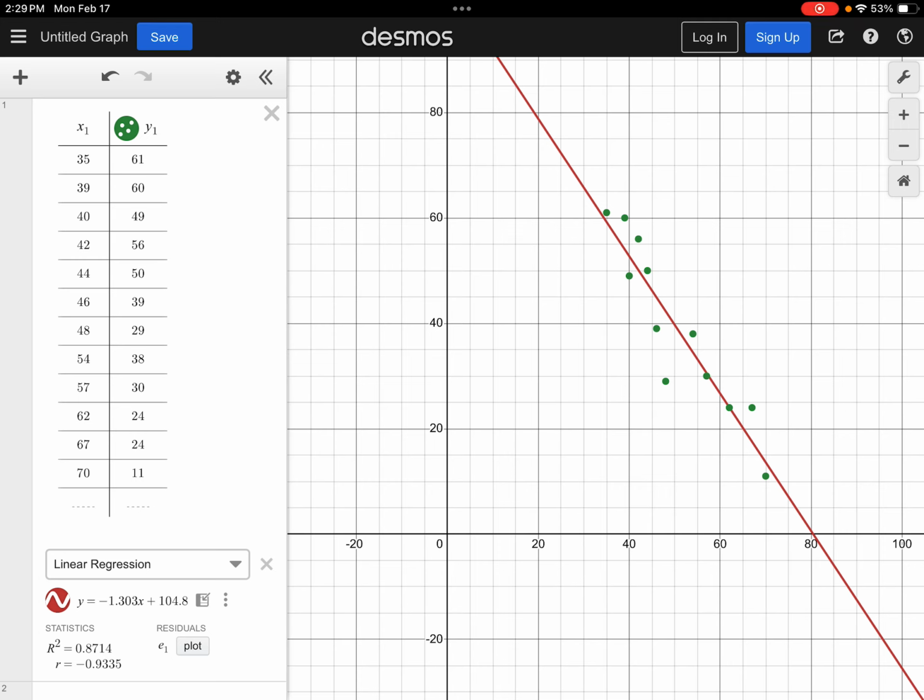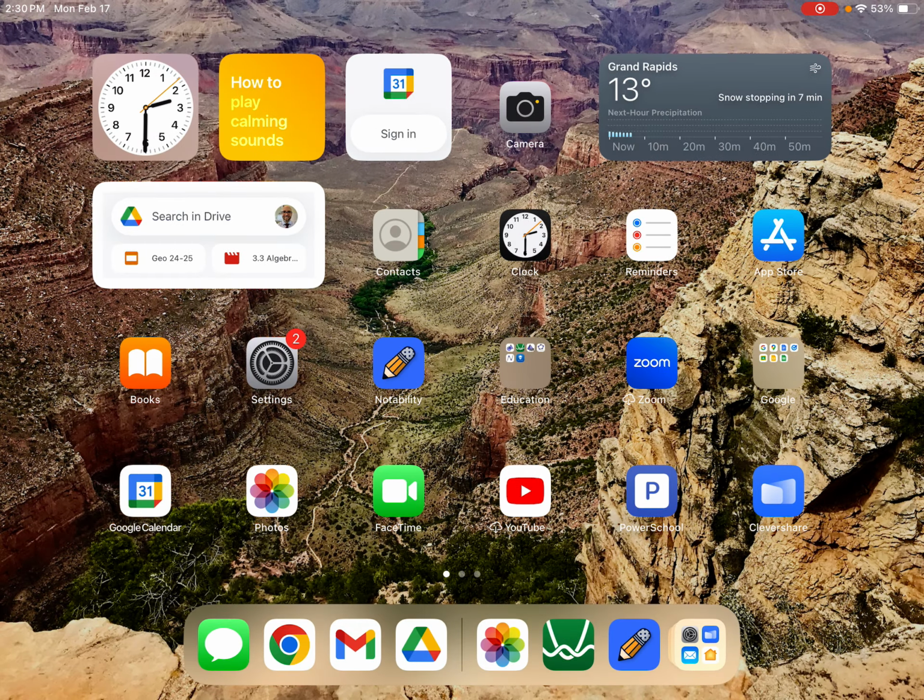And we also have an R value. So we're looking down in the bottom left-hand corner. We have the equation y equals negative 1.303x plus 104.8. See if I can remember that to copy it down.